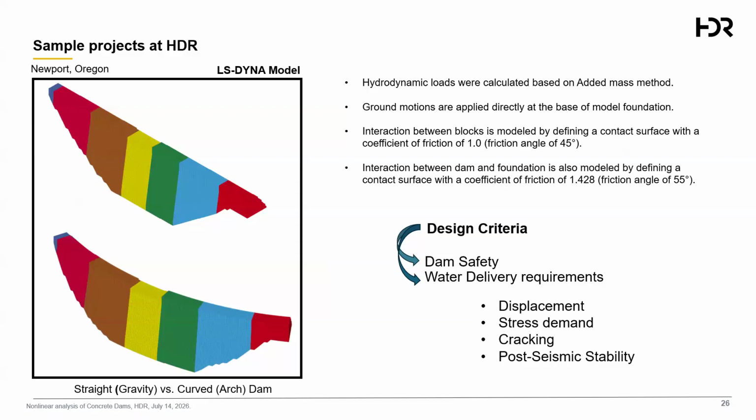Another interaction that we need to define is that plane. Those planes contact with the bottom foundation. For those surfaces as well, we define nonlinear contact to capture the nonlinear behavior of the dam.